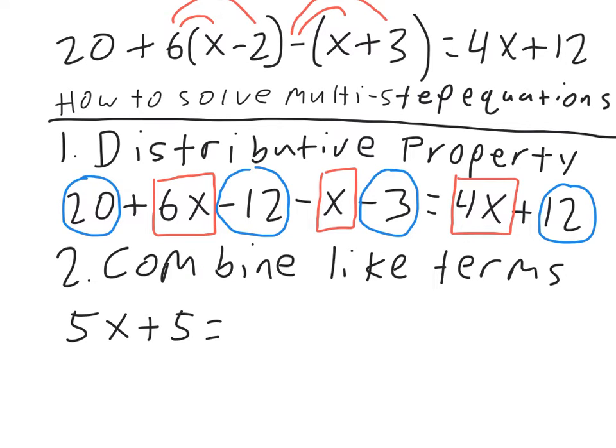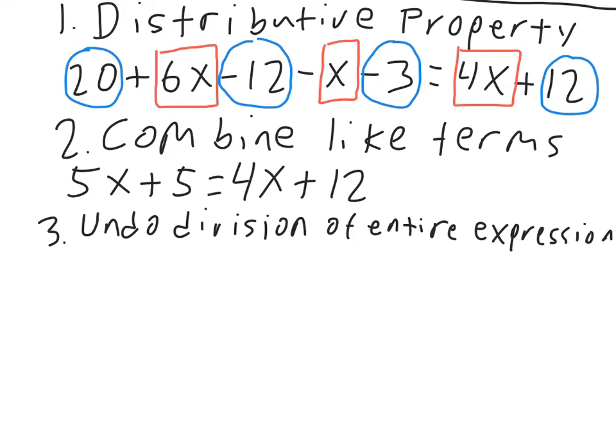And then after the equal sign, notice on the right side we just have 4x and 12. Those are not like terms, so those cannot be combined, so they just get written out regularly. 4x plus 12. So we have now combined like terms.